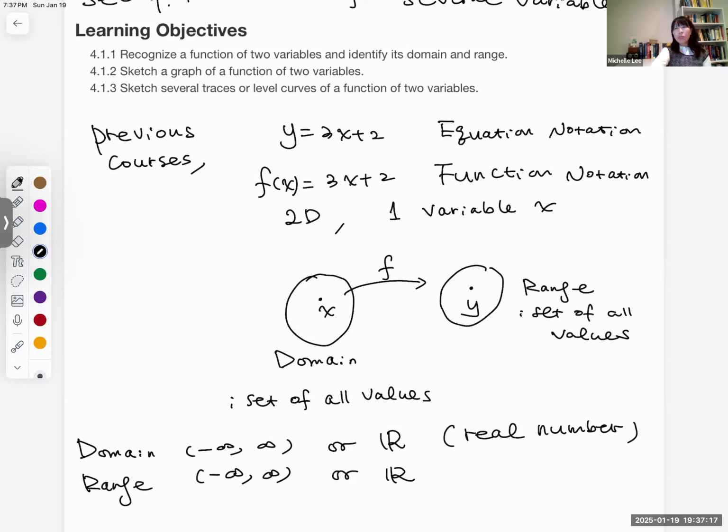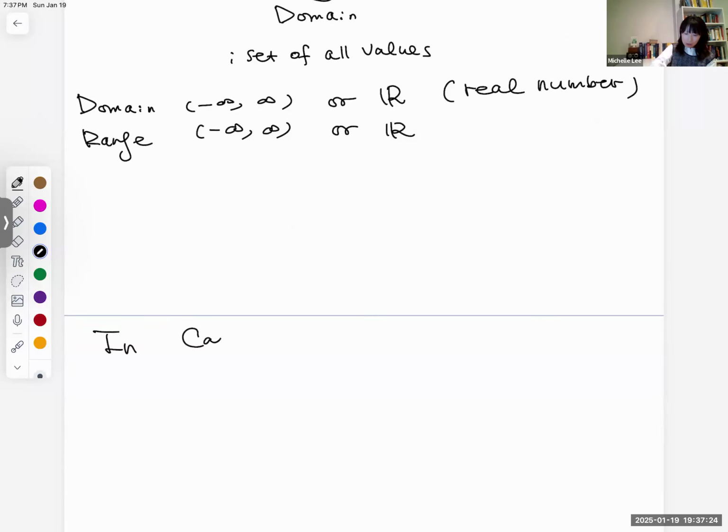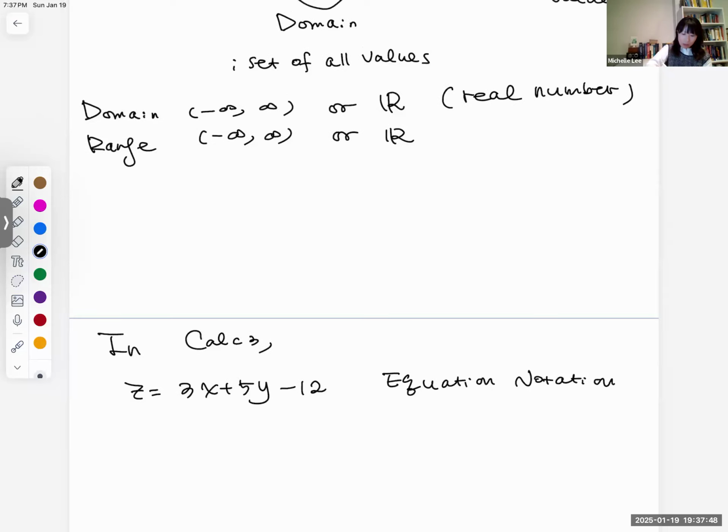Okay, what about calculus 3? So in calculus 3, we have z equal to 3x plus 5y minus 12. That is equation notation. And then function notation, we are using this way: f of x, y.